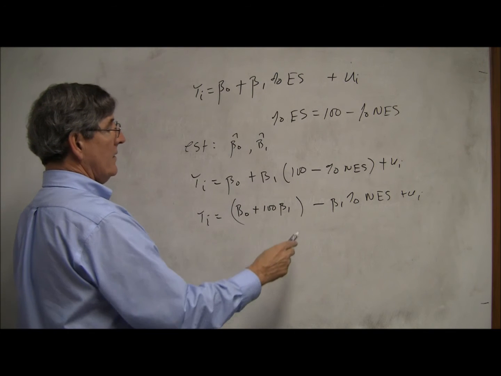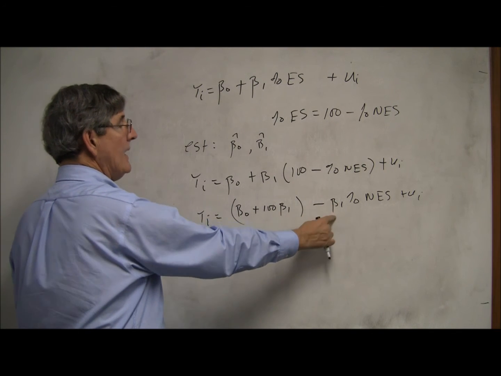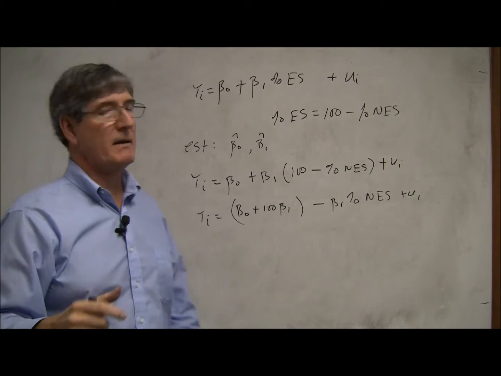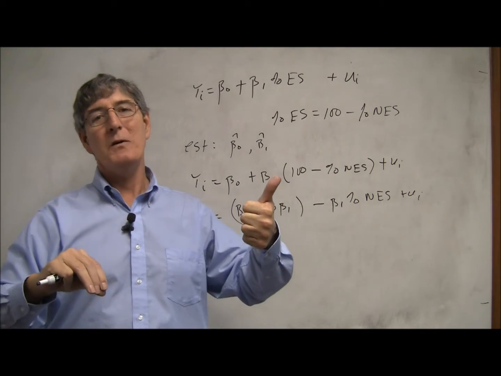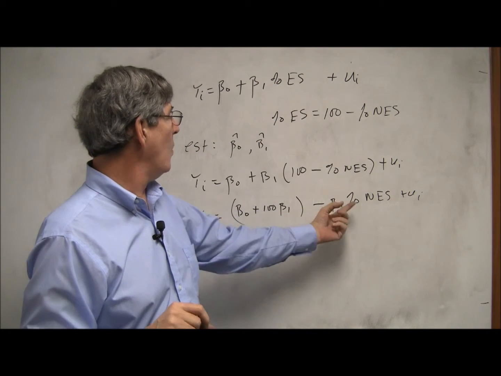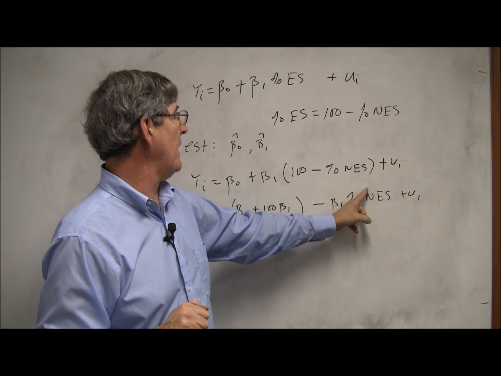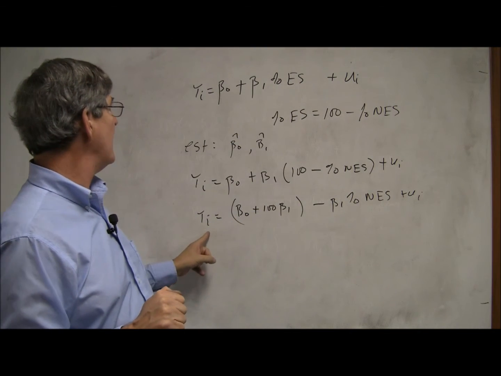And so the effect of the non-English speaking is just minus the effect of the English speaking on yi, which you'd expect, because if one goes up, the other goes down. So you're going to get exactly offsetting effects when you estimate it. But you don't have to have both variables in the model to know this. Now if I increase the percentage of non-English speaking by 1, which is the same as reducing the English speaking by 1, yi will go down by beta 1.